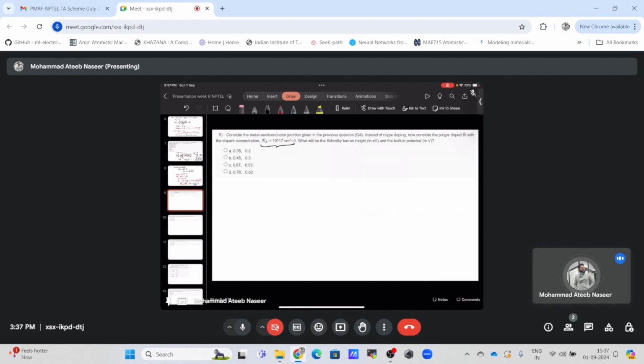So now what I had previously said, that for the metal semiconductor contact in n type, when phi m is greater than phi s or even chi s, we had Schottky contact.